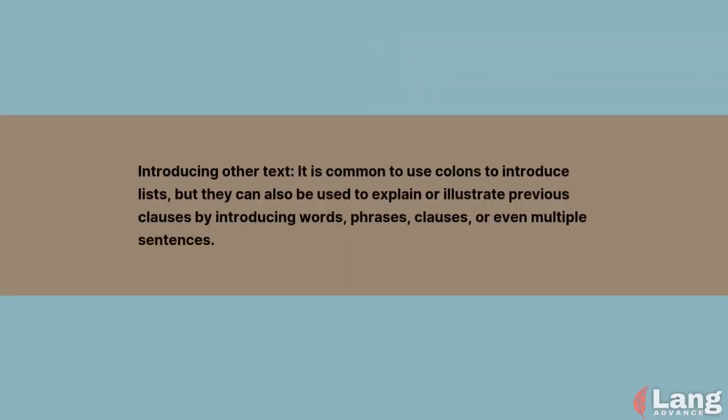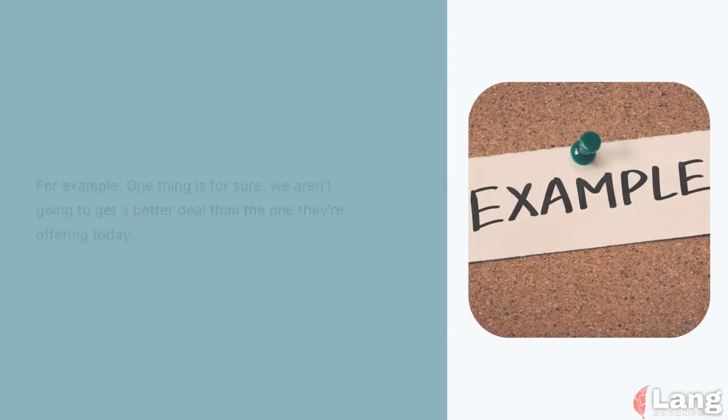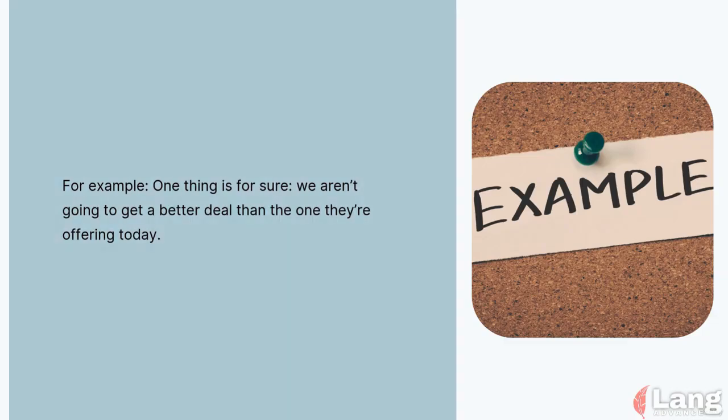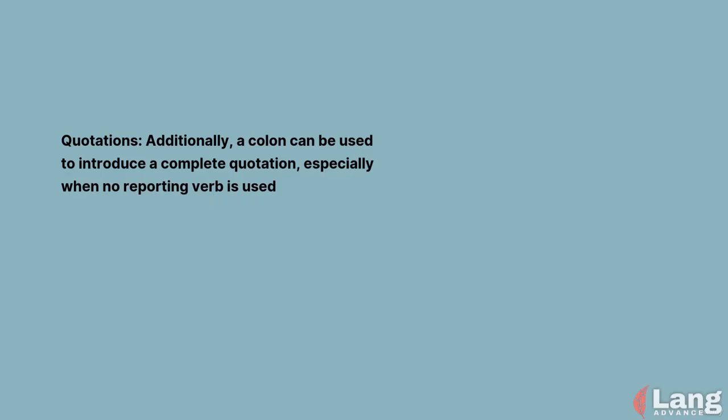Introducing other texts. It is common to use colons to introduce lists, but they can also be used to explain or illustrate previous clauses by introducing words, phrases, clauses, or even multiple sentences. For example: one thing is for sure, we weren't going to get a better deal than the other one they're offering today. Quotations.